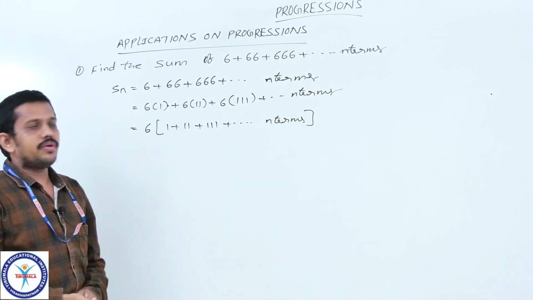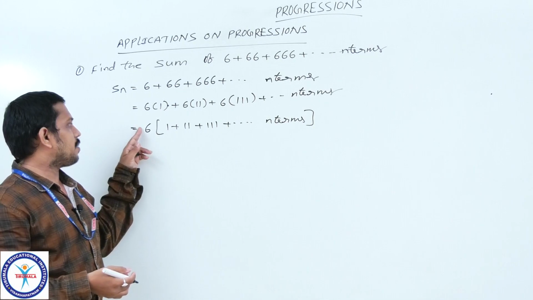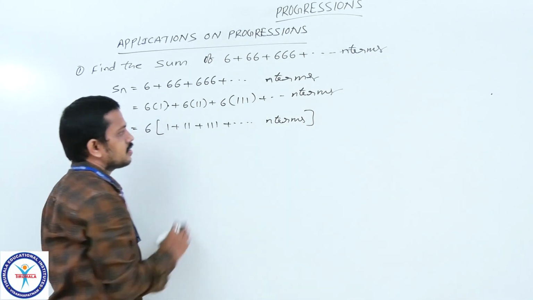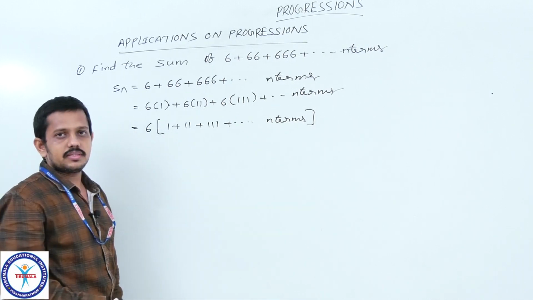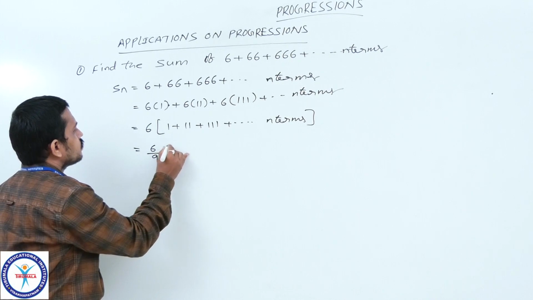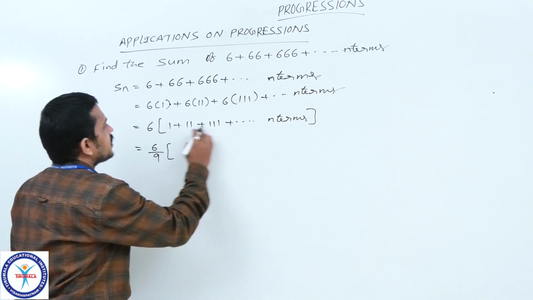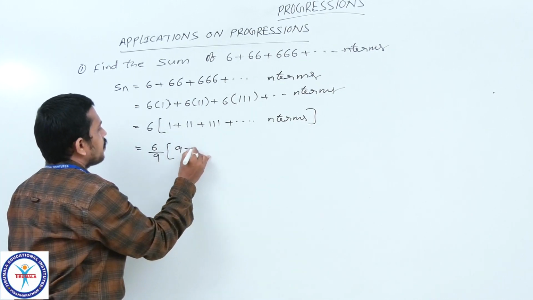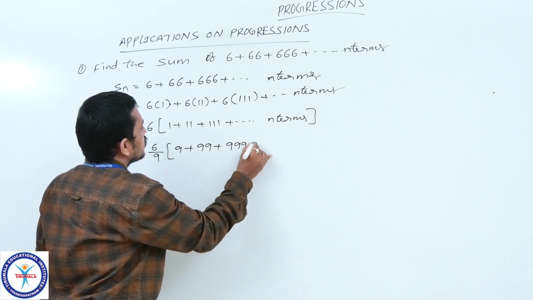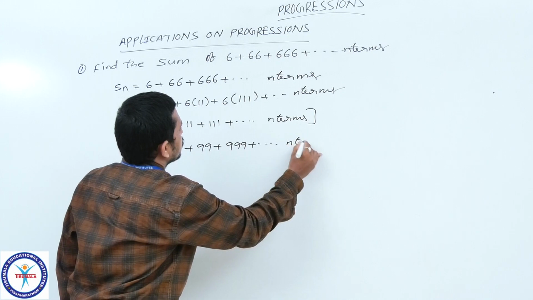Now we can multiply the numerator and denominator with 9. So multiply each term with 9 and divide by 9. Then 6 by 9 into, multiplying each term with 9, 9 plus 99 plus 999 plus and so on n terms.